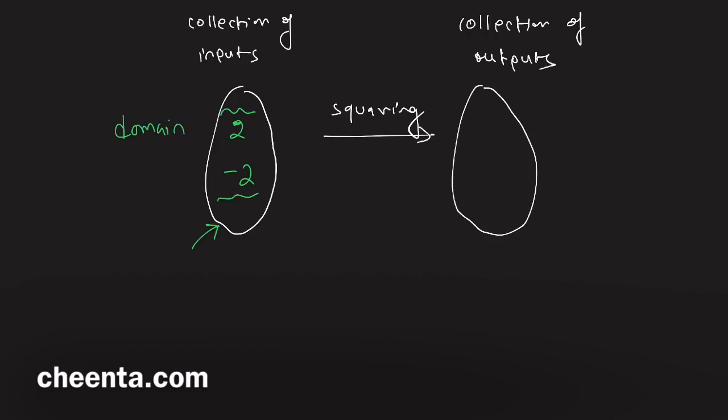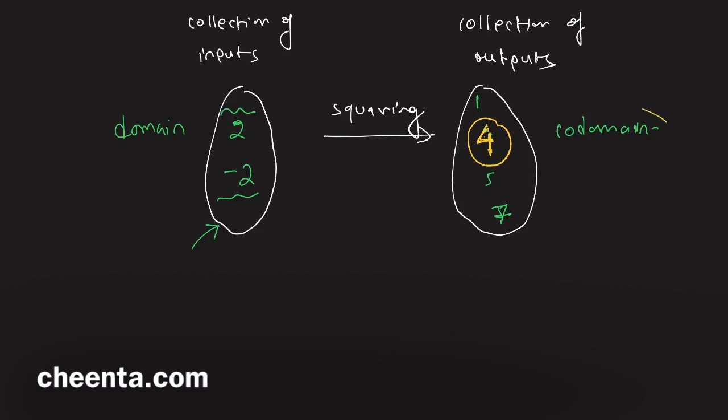Now the output is, in this case, for both of them the output is 4. So this is the codomain. Actually, codomain can have more than just 4. It can have, let's say, 1, 5, 7 and so on. 4 is the range.